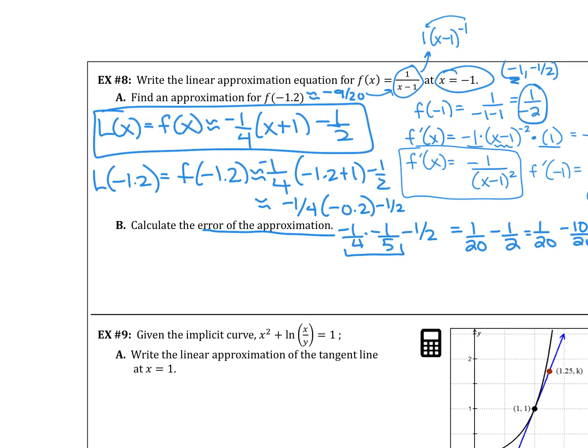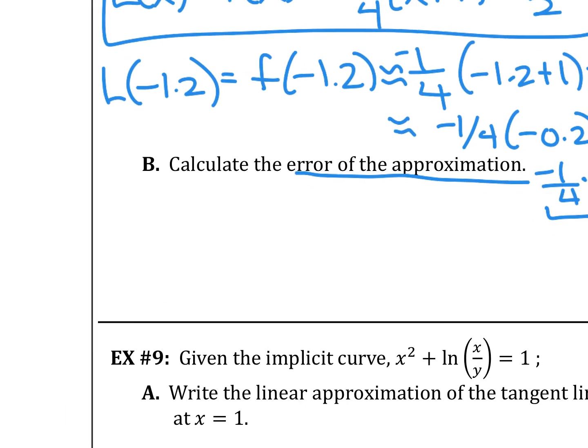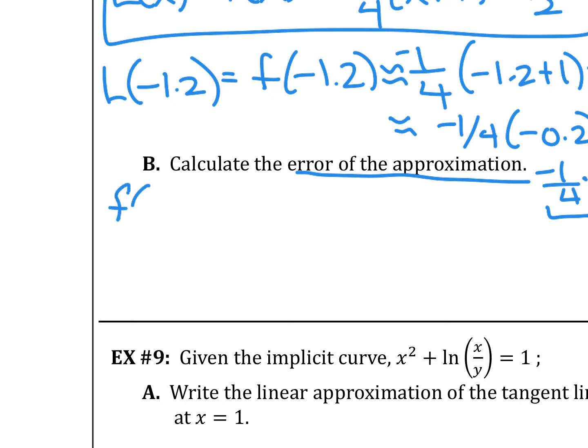When I find the exact value at, what do they want? Negative 1.2? The actual value of f of negative 1.2 is negative 0.45 repeating.